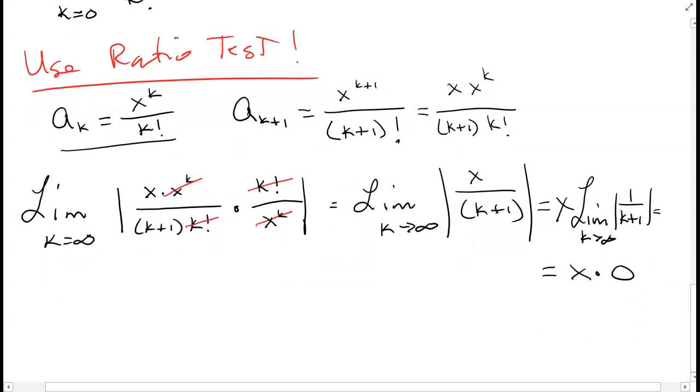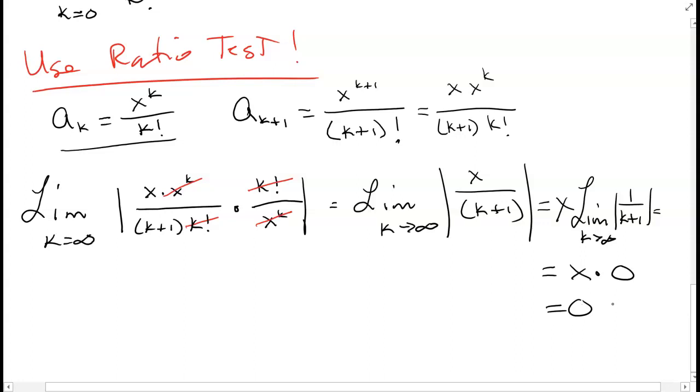So now I want you to think about which of the three cases this is. Are we setting up an interval, or is it always convergent from negative infinity to infinity, or is it only convergent at a single point? So in this case, okay, clearly that equals 0, right? Anything times 0 is going to be 0.